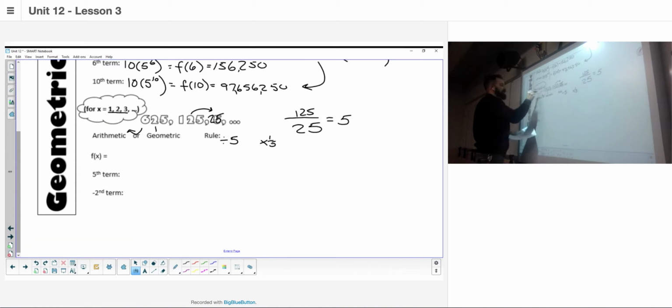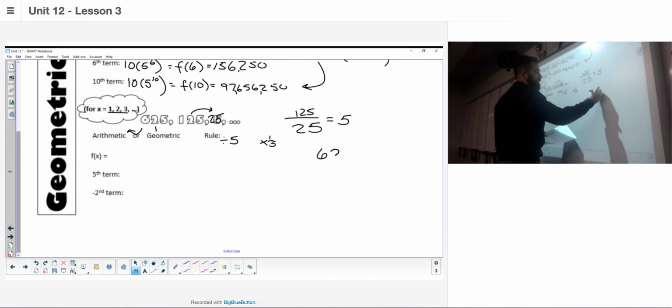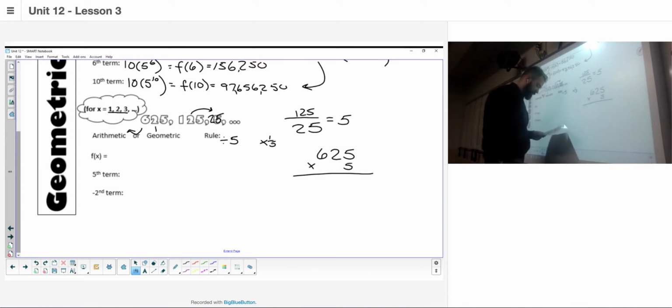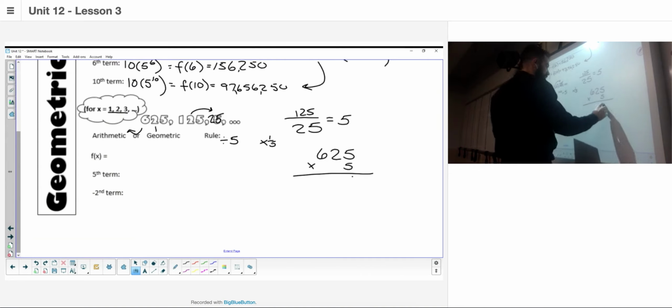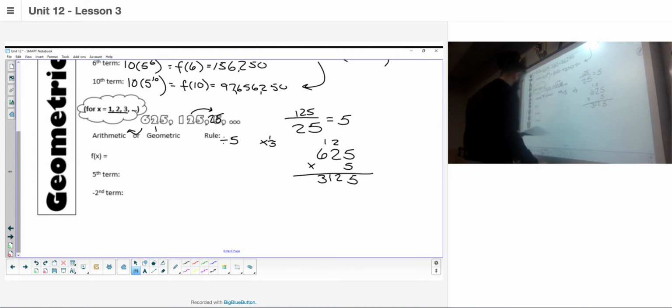So let's show that work. 625 times 5 to find term 0. 625 times 5 is, that's 5, 25 times 2, 10 plus 2, 12, 30 plus 1, 31. So term 0 is 3125.